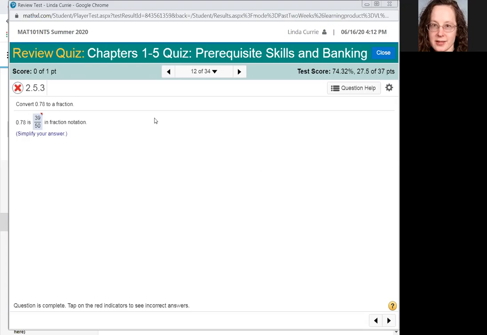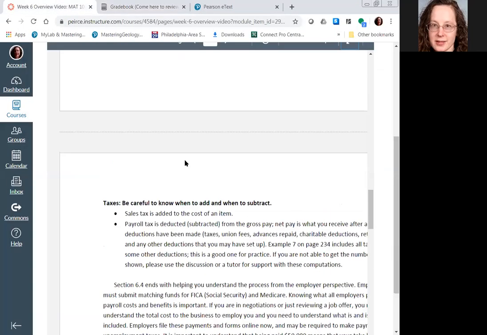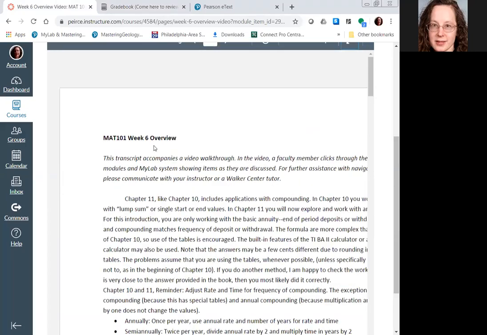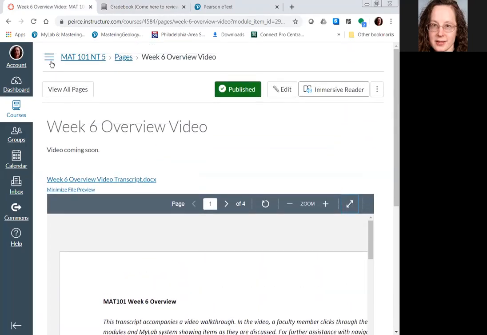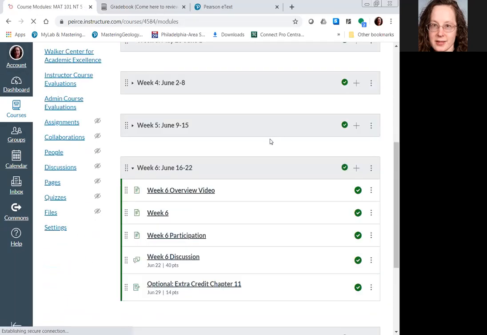This week, you can also work on the extra credit. I have to click back into it. There's an extra credit here at the end of chapter 11 on the bonds.